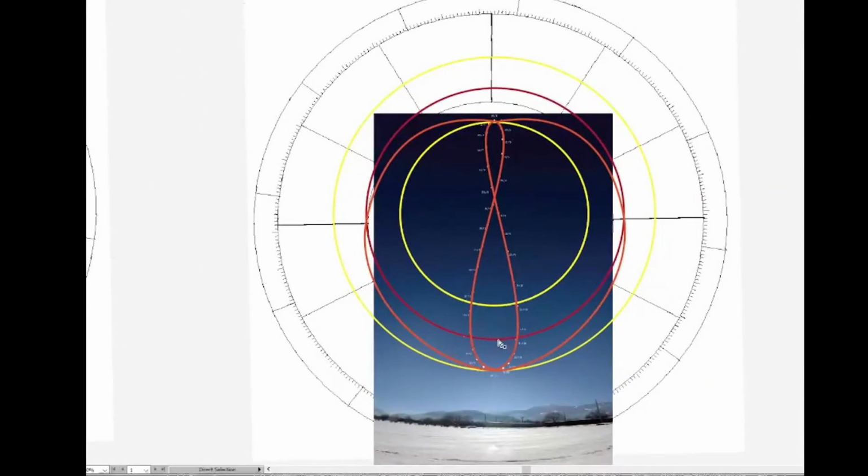Again, for reference, the red line is the equator. The Tropic of Cancer is the smaller circle. The Tropic of Capricorn is the outer, larger yellow circle. And I'm using orange here to represent the ecliptic. So this is the path of the sun.